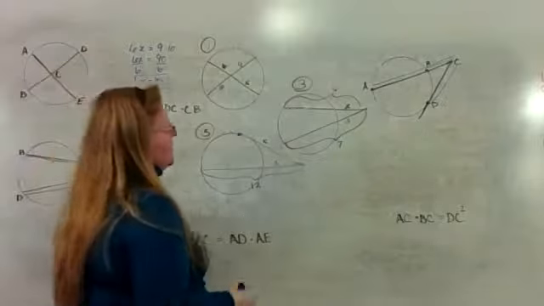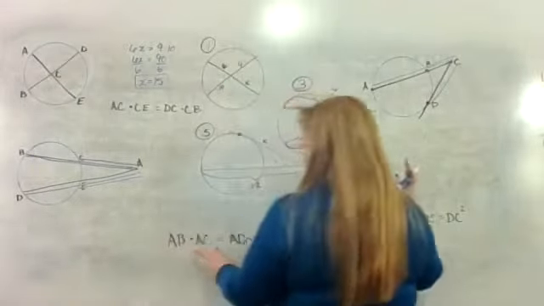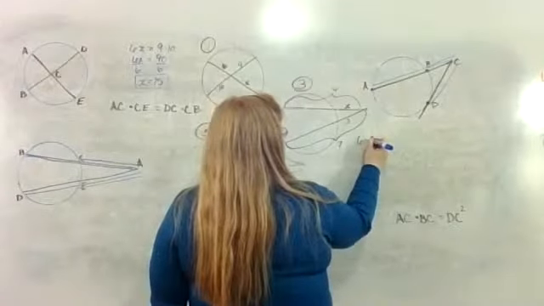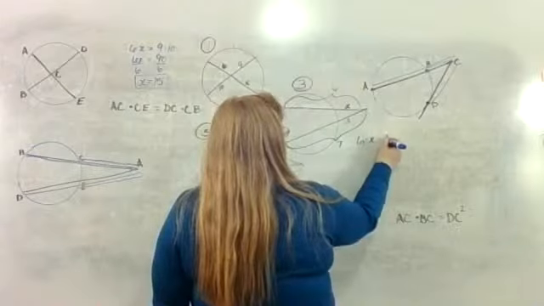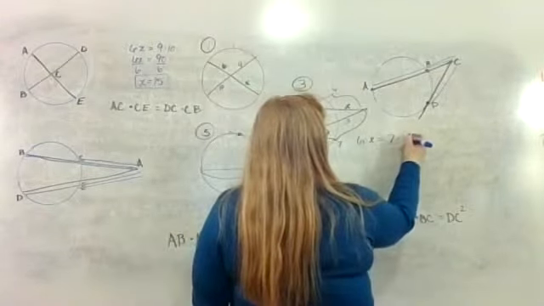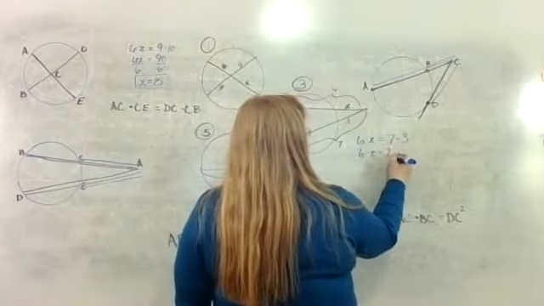For number 3, it's not this one, it's actually this one. 6 times x has to equal 7 times 3, because it's the whole thing, times 3. So 6 times x is equal to 21.